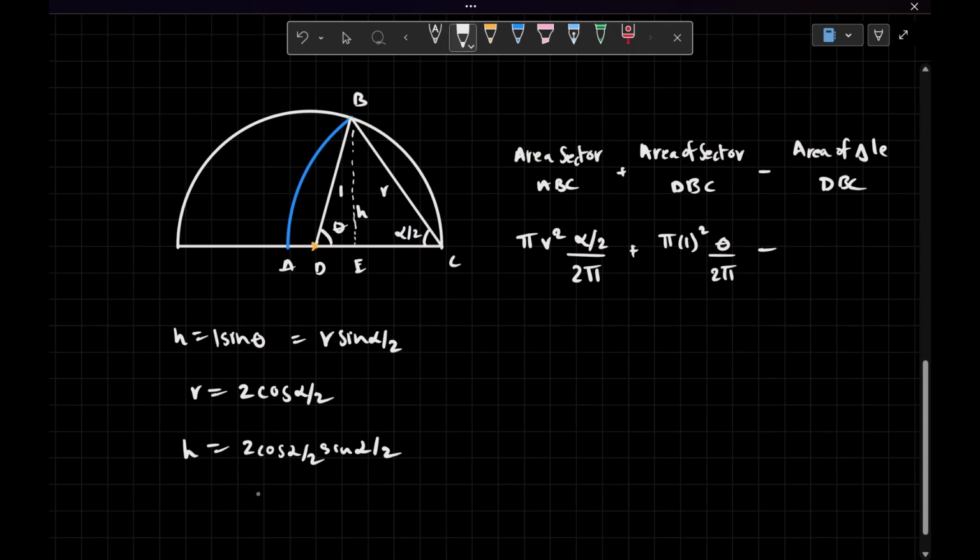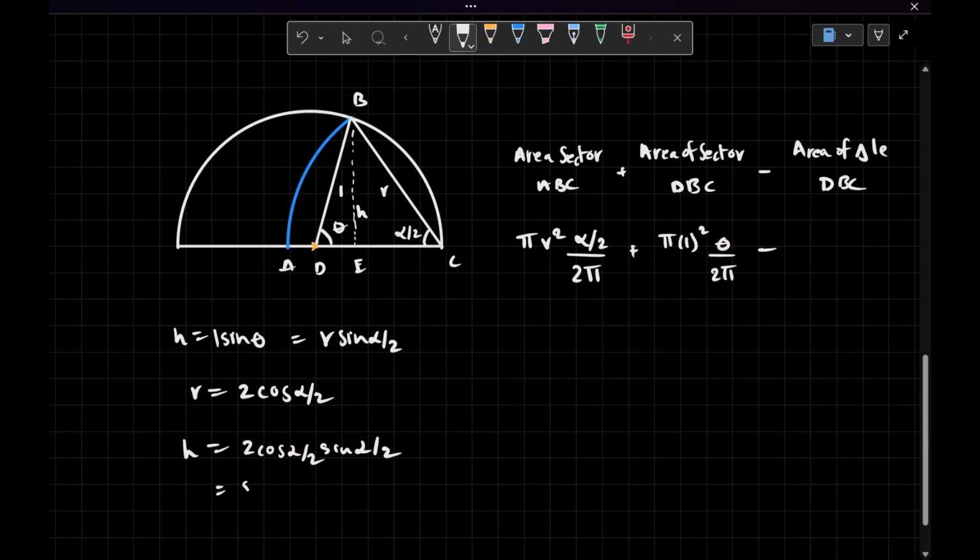This looks like a familiar formula of sine 2 theta. Let's say sine 2x can be written as 2 sin x cos x. So here x is alpha by 2, so this will be equal to sine 2x, where x is alpha by 2, which is equal to sine alpha.